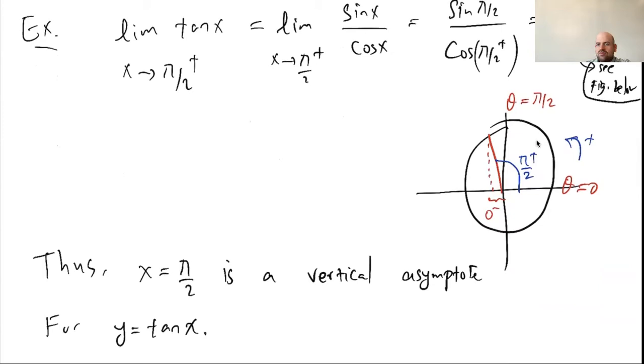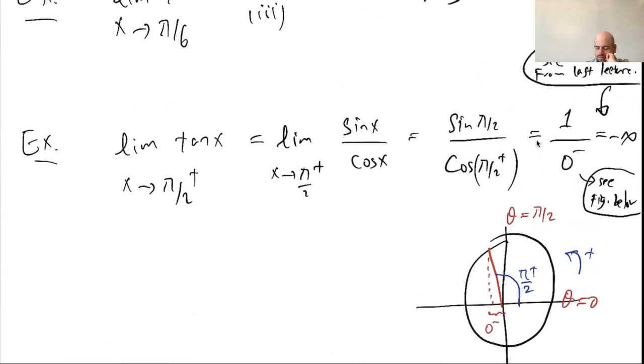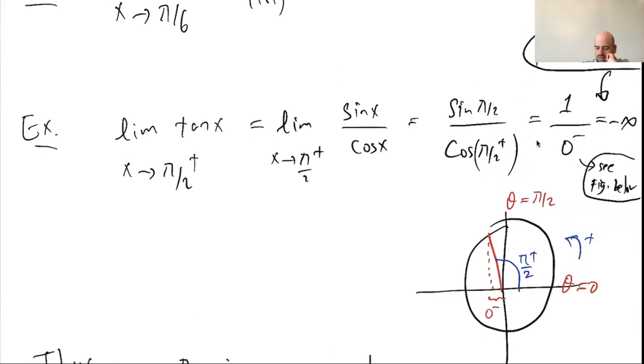So if the right limit or left limit is infinity or minus infinity, then we can say that x equals that number is a vertical asymptote. And so this is for tan x.